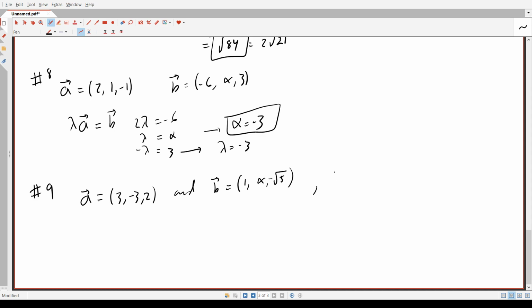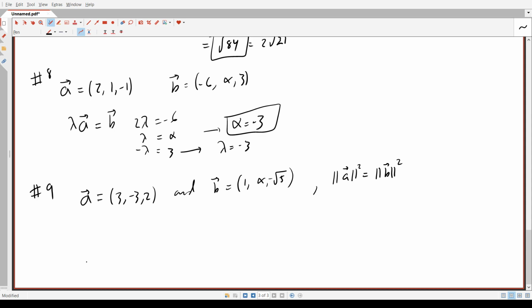So what it's saying is that norm of A is equal to norm of B. So that's what it's telling us, and it says what is alpha. So real quick, just to make things easy, so I don't have to deal with square roots, or so I don't have to keep writing it, I'm going to square both sides. And this allows me to ignore the square roots for now.